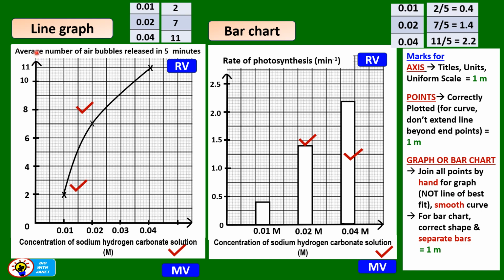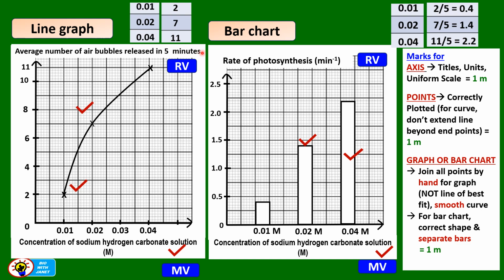So first you must write down the title completely: average number of air bubbles released in 5 minutes. Make sure you write down everything and not just average number of air bubbles. These words, released in 5 minutes, must be added. A common mistake among students is that their RV or MV is not complete. And then also any units, if there are any units, you must write it down.